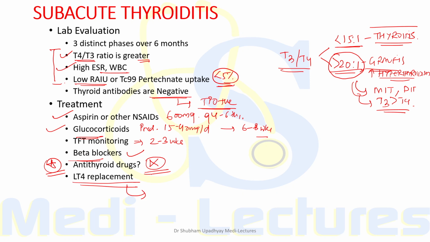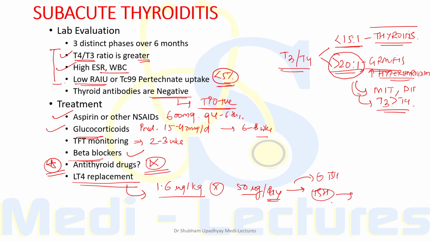Again, the full dose, that is 1.6 microgram per kg, is not to be given. Around 50 microgram daily of levothyroxine is given so that it does not suppress the TSH, and TSH-mediated recovery, which occurs in the hypothyroid phase and later leads to the euthyroid phase, can occur in this condition.